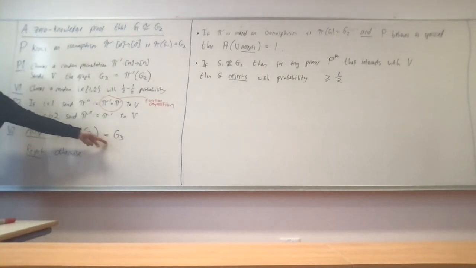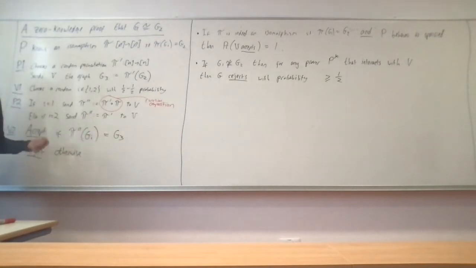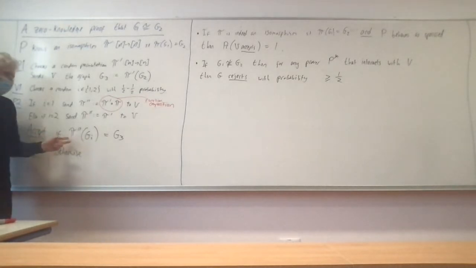But because the two graphs are non-isomorphic, and we've chosen I with the toss of a coin, at most, this random permutation we get from the prover, if we apply it to two different non-isomorphic graphs, at most one of them can be isomorphic to G3.